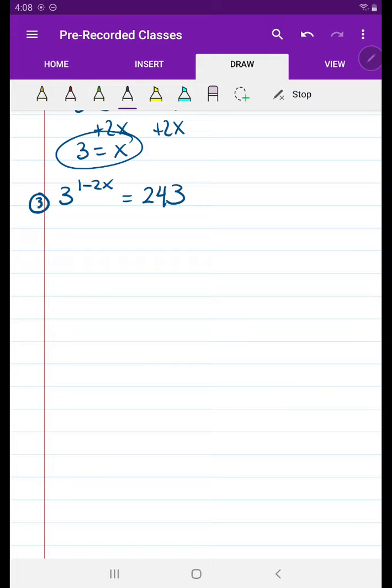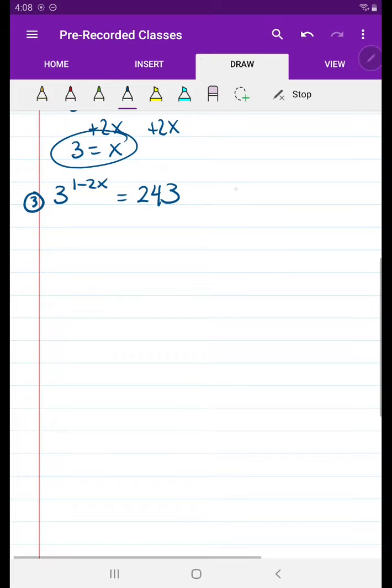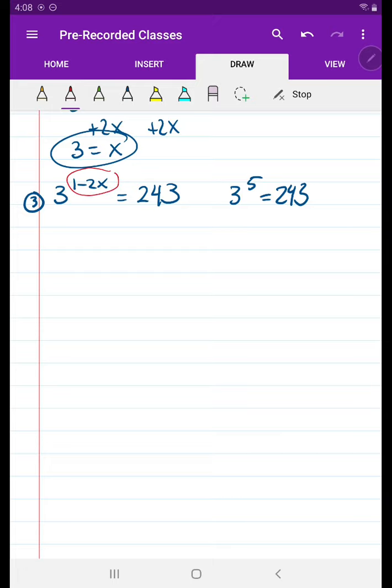So there are a bunch of ways that you could solve this one again. One of the ways is if you remember that 3 to the 5th power is 243. Some people might remember it, some people might not. Some people have an easier time remembering those exponential powers than others. If you remember that, you can see then that 1 minus 2x has to equal 5, right?